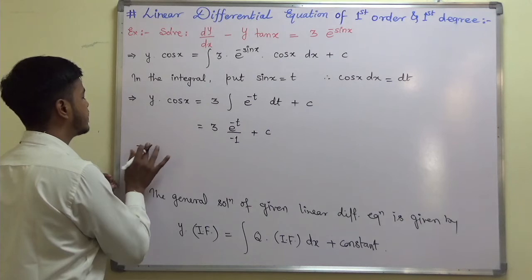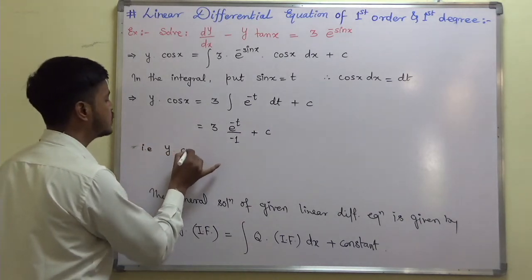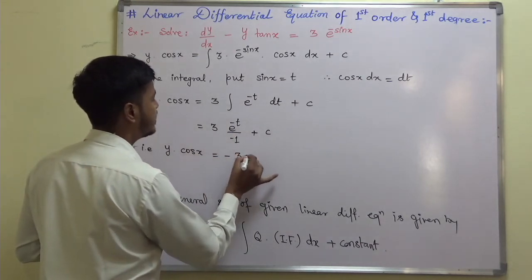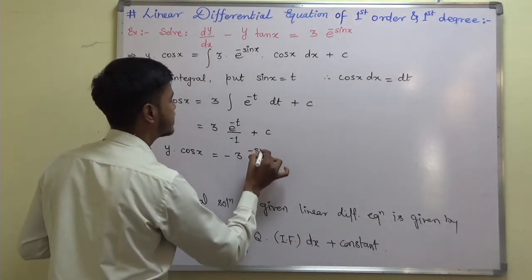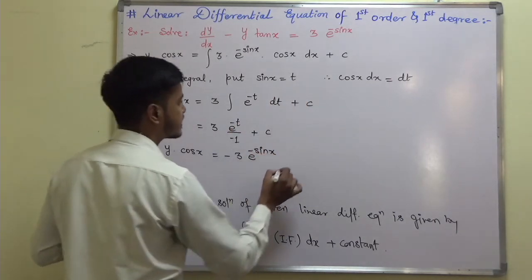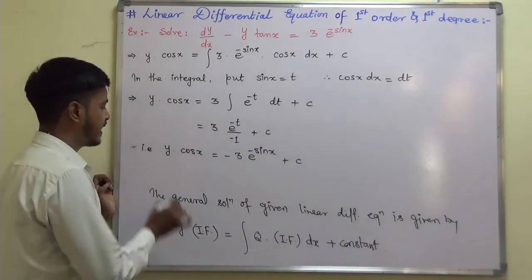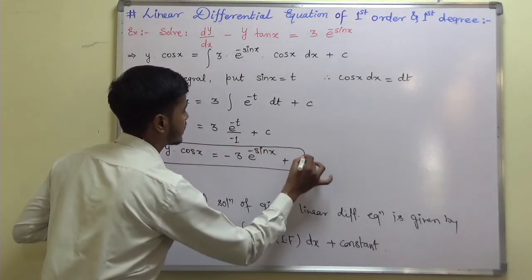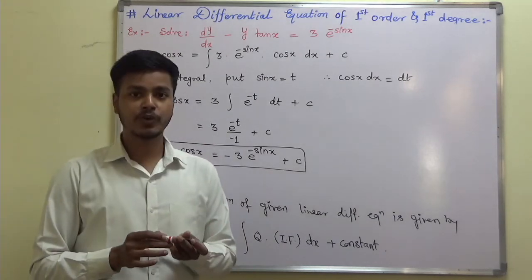So when you resubstitute, you will get y into cos x is equal to minus 3 e to the power, what is minus t? This is minus sin x, plus c. And this is nothing but your solution to the given linear differential equation.